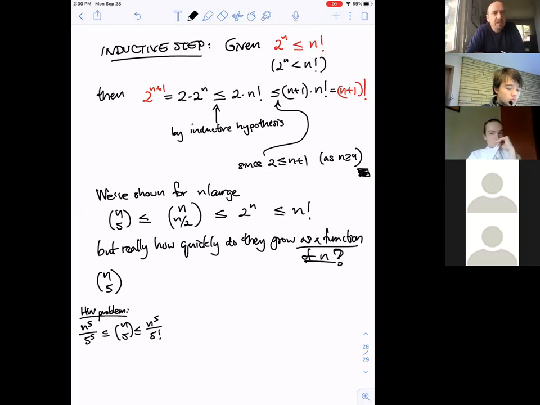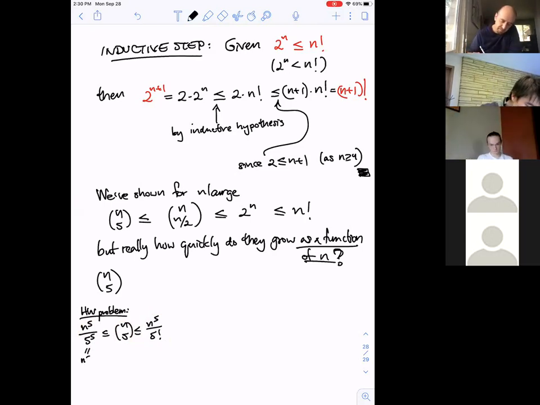Really, the homework problem says if you fix a k, then n choose k is bounded between that lower bound and that upper bound. And that's actually telling us something pretty precise about how n choose 5 grows as n gets large.